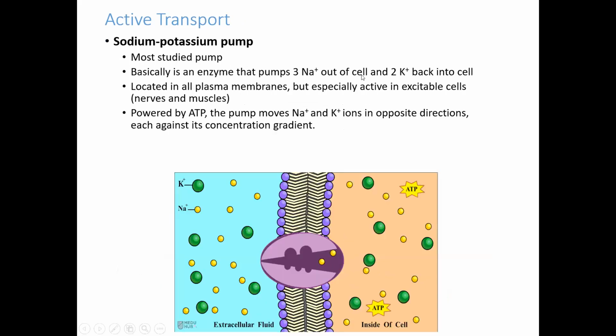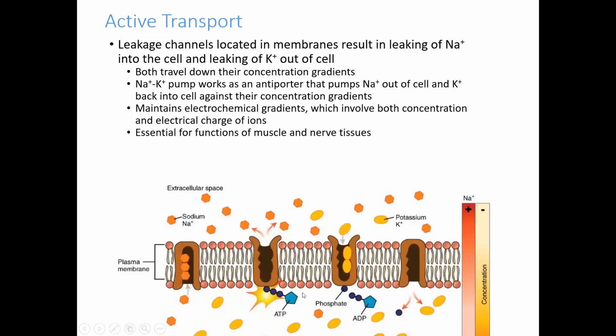So, sodium potassium pump, we know more about the sodium potassium pump. Make sure I didn't miss anything on that slide back here. Yeah, there's a sodium potassium pump in place. What does the sodium potassium pump do? It pumps sodiums out and then it brings potassiums back in, but it requires ATP.